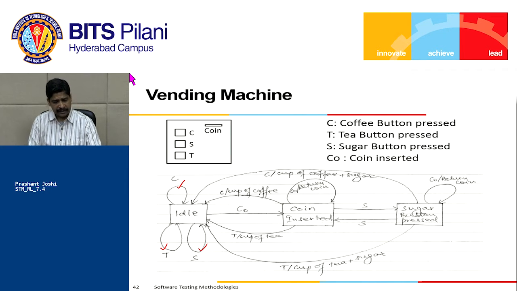The moment a coin is inserted, we get to a state which itself says coin inserted. And if the coin is expected to be returned because the user changed the mind, then we are looking at this state remaining in spite of the coin being returned.